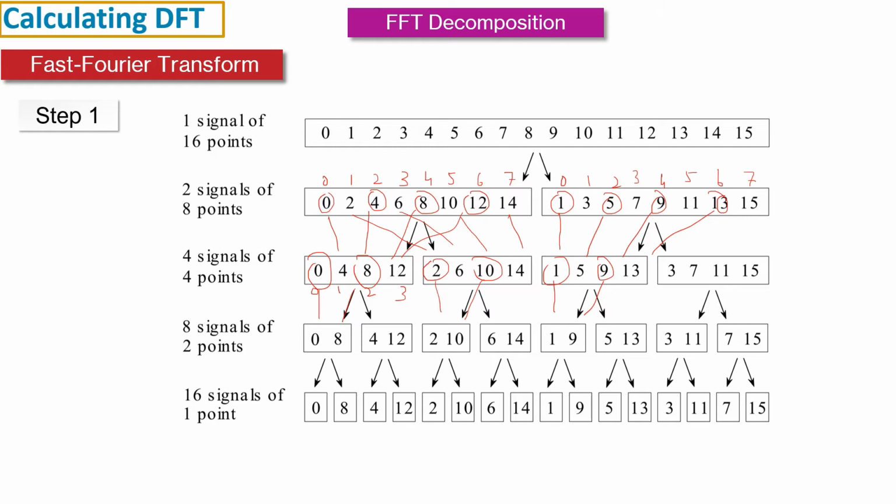So we keep on doing this until we get signals with 1 point each. We are left with only 1 point. Now you see that the first sample after rearrangement is the same, and the last sample also remains the same, but all others are changed.